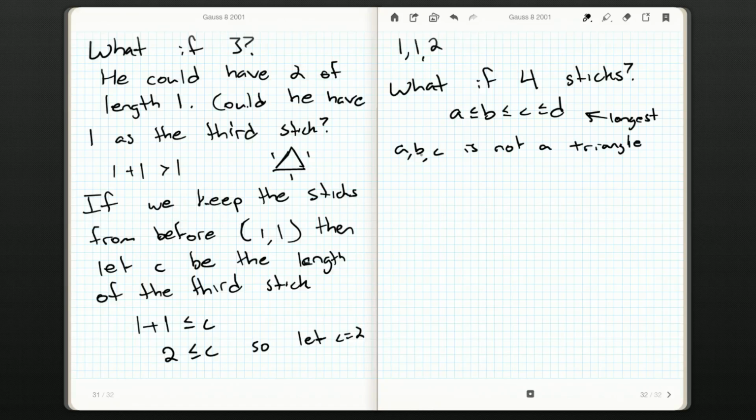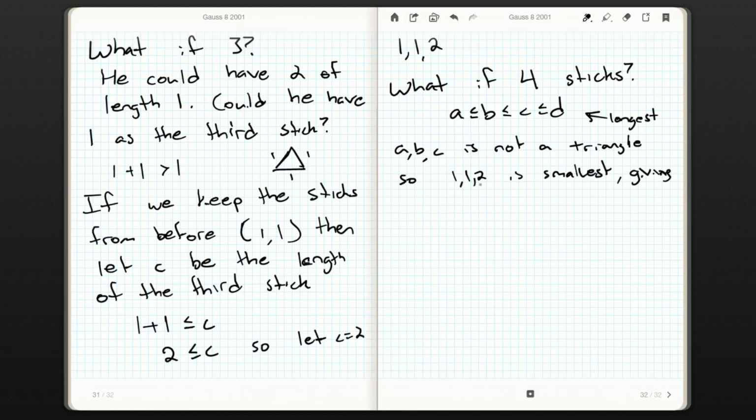And if we want to make D as small as possible, we probably want C, B, and A to be as small as possible. That gives D the most room to be really tiny. So that's the smallest example of 3 sticks that can't form a triangle.